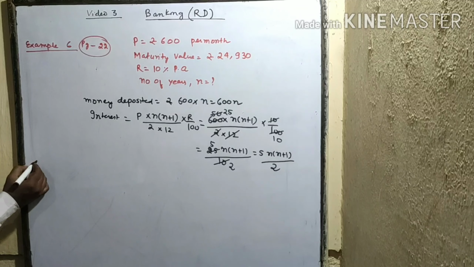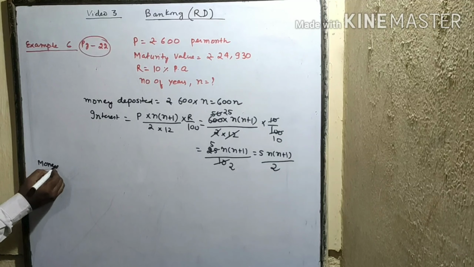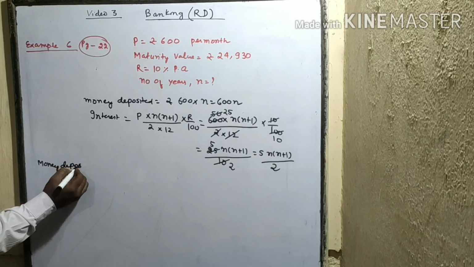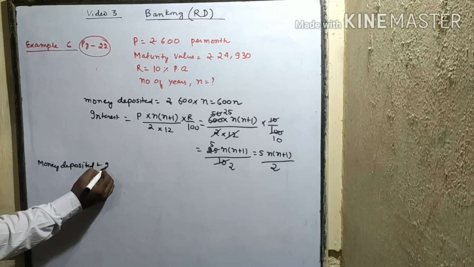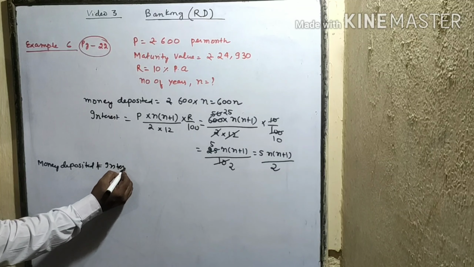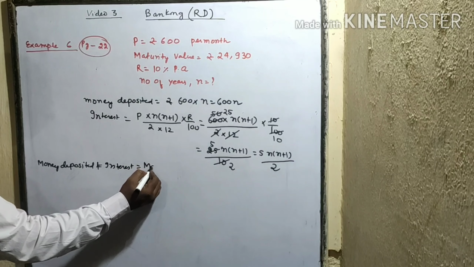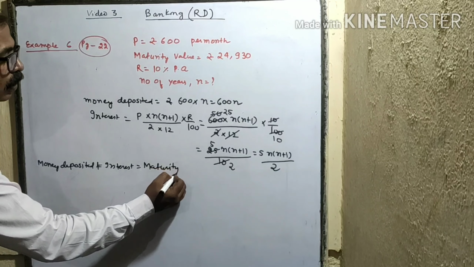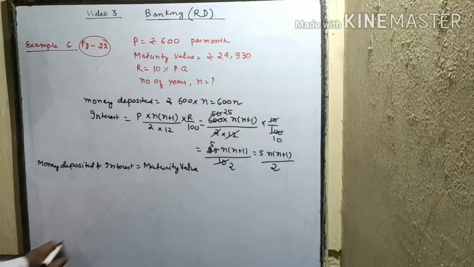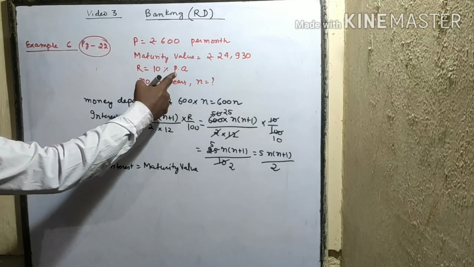Now since we know that money deposited plus interest is equal to maturity value. So money deposited is how much? 600n.